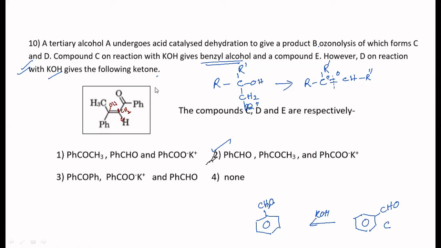Before the aldol product is formed, it should be Ph, C double bond O, CH3. Two molecules of this will combine to form that. OH minus will come and take away one proton from the alpha hydrogen, and you are going to get this enolate ion, C double bond O, CH2 minus.